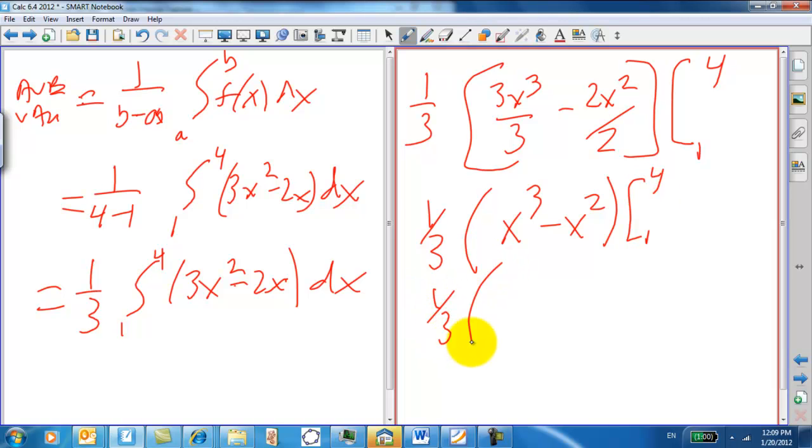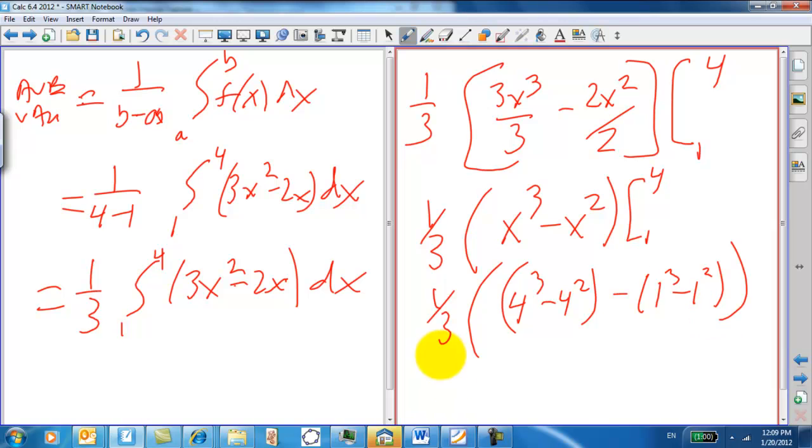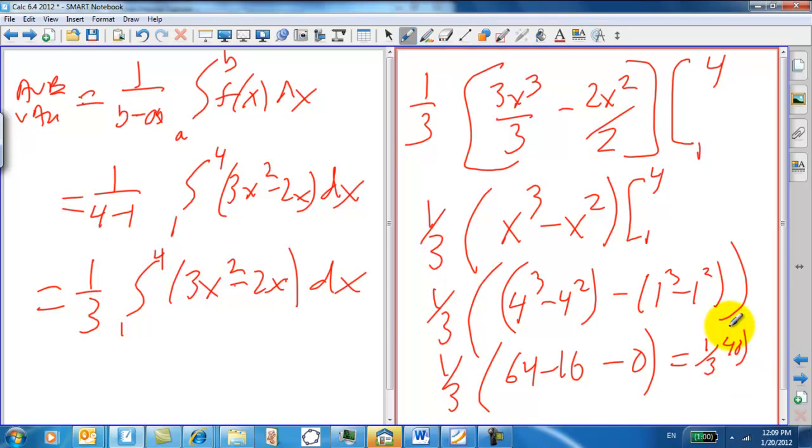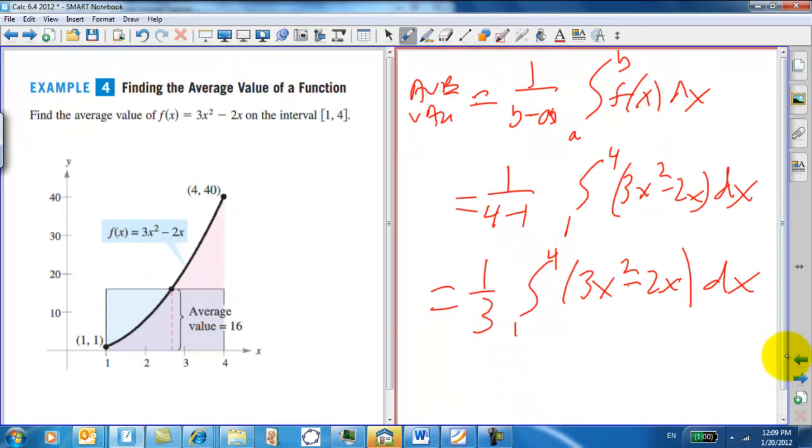So it's 1/3 times (4 cubed minus 4 squared) minus (1 cubed minus 1 squared). So that's 1/3 times 64 minus 16 minus 0, and that looks like 48. 1/3 of 48 is 16, and that checks out with the average value.